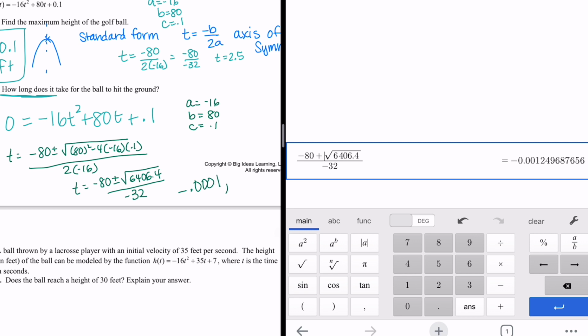And on my second one, I'm going to take that plus, change it to a minus, and I get about 5 seconds. Now, the first one doesn't make sense, since it wouldn't take negative time for something to happen. So about 5 seconds is what we're looking at.